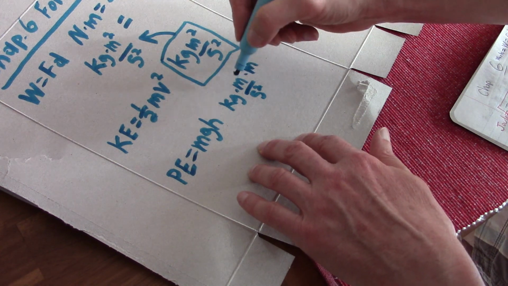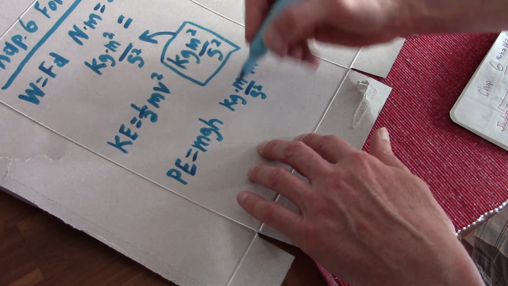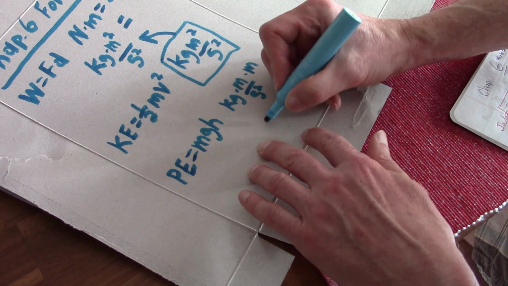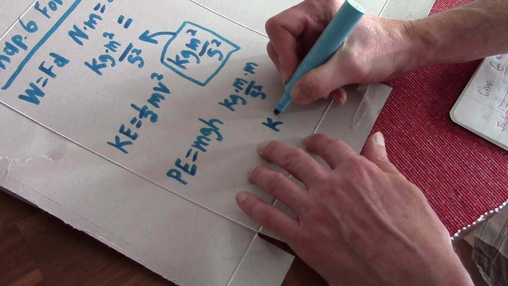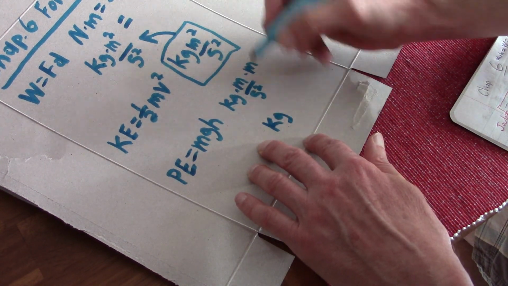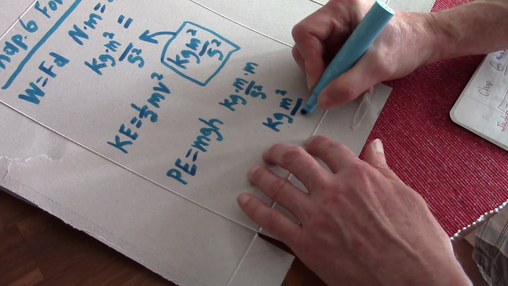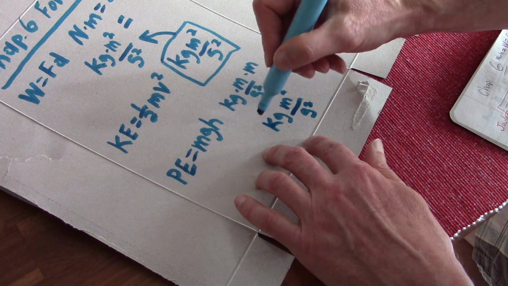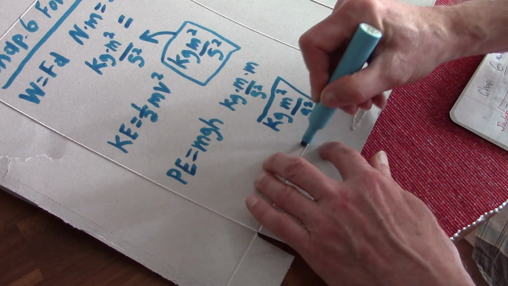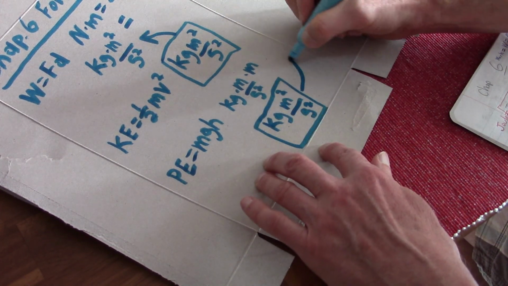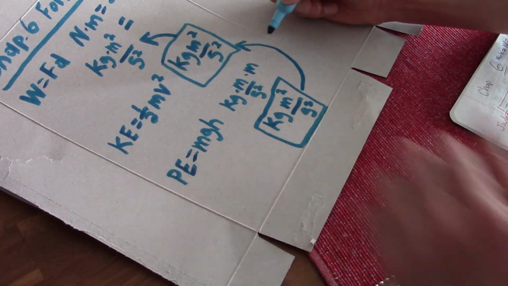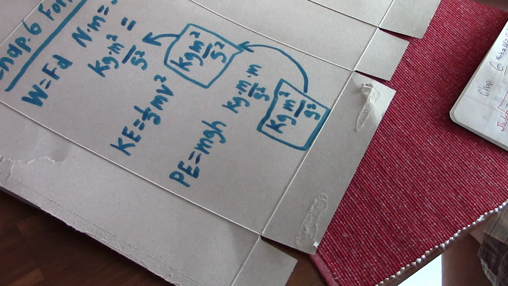So this kilogram meters times meters is meters squared per second squared. And it's the same, potential energy has the same units as kinetic energy. Well, of course it does.